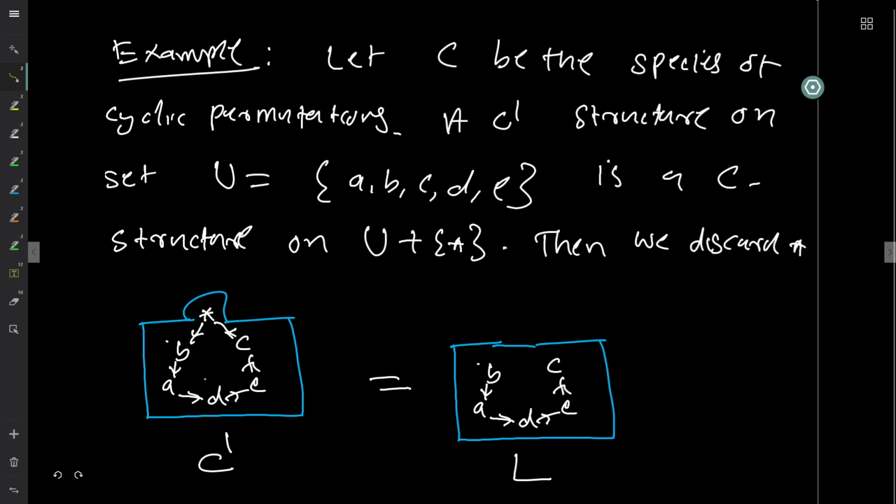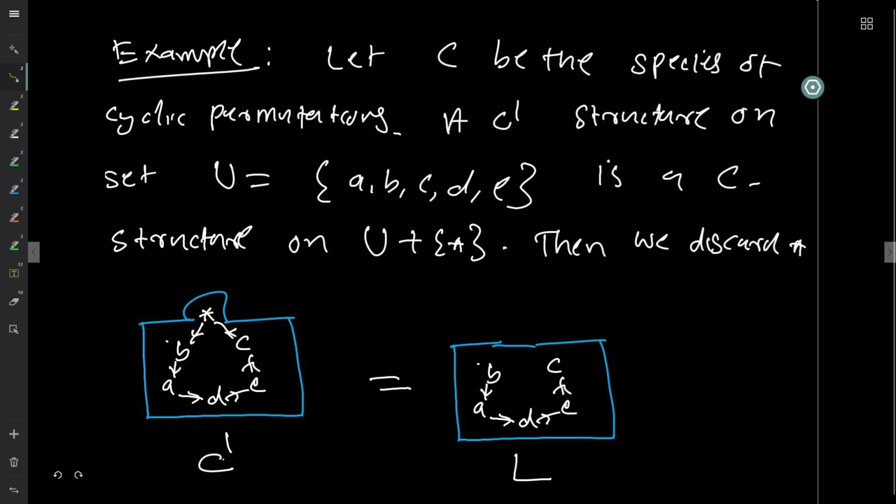So you put this structure, but now forget about star, which means that we are going to get a linear order on the elements, B, A, D, E and C. It stays in a linear order because it originally had a cyclic order where we removed the star, now making it just a linear order.